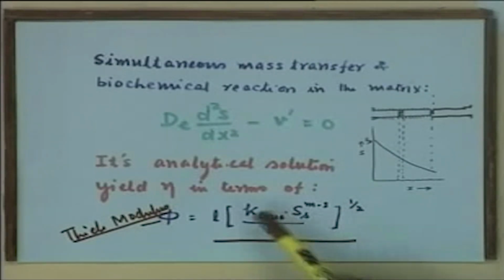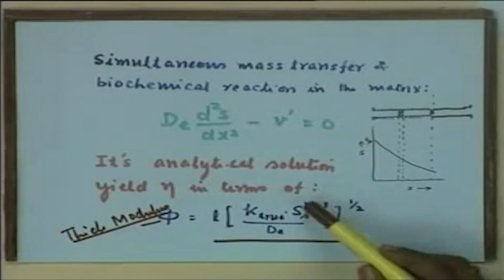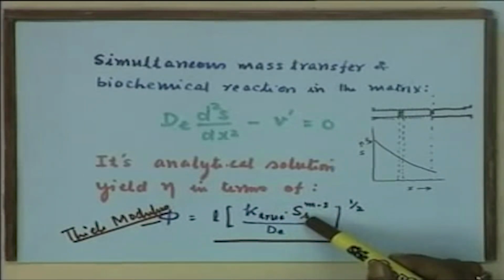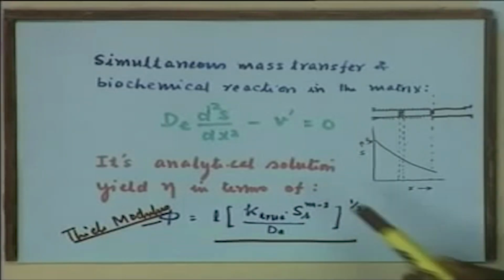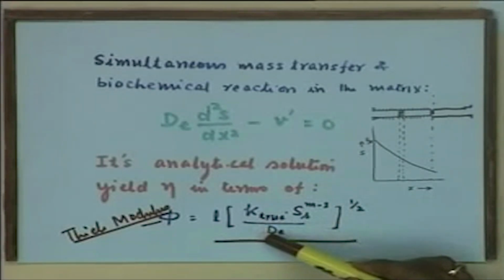This is general, where K true is essentially the reaction kinetic constant in the absence of any pore diffusional effects, that means on the surface or in the bulk. Now, S s is the substrate concentration at the surface, m is the order of reaction, whatever it is, and dE is the effective diffusivity.